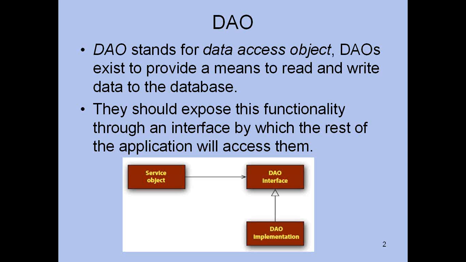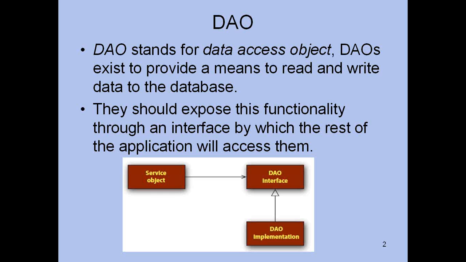Whenever the service object needs to access the database, it first needs to get a reference to the DAO classes, and the DAO classes will talk to the database, retrieve the results and pass the results back to the service layer. So that is called the DAO access pattern. And DAO should expose this functionality through an interface by which the rest of the application will access them.